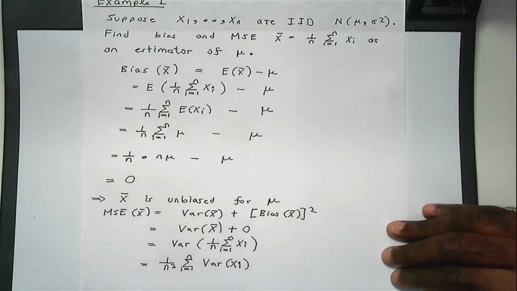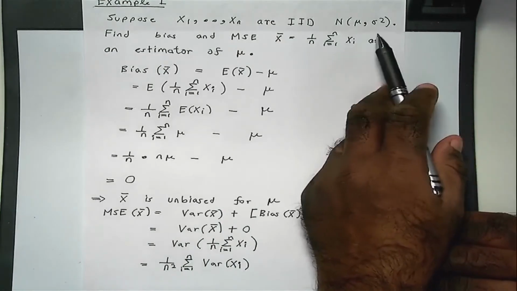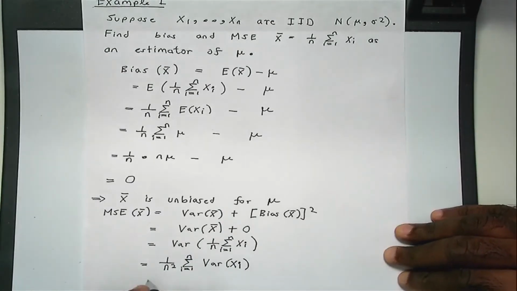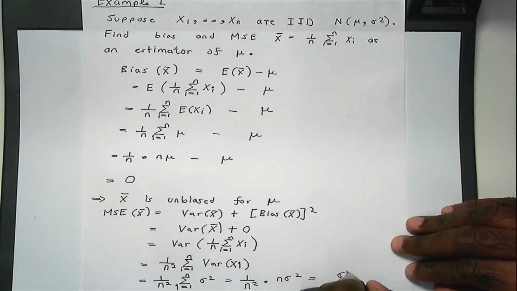Variance of xi, because each x has this distribution, the variance of xi is sigma squared. Okay, so this becomes 1 over n squared times n sigma squared, which is sigma squared by n.